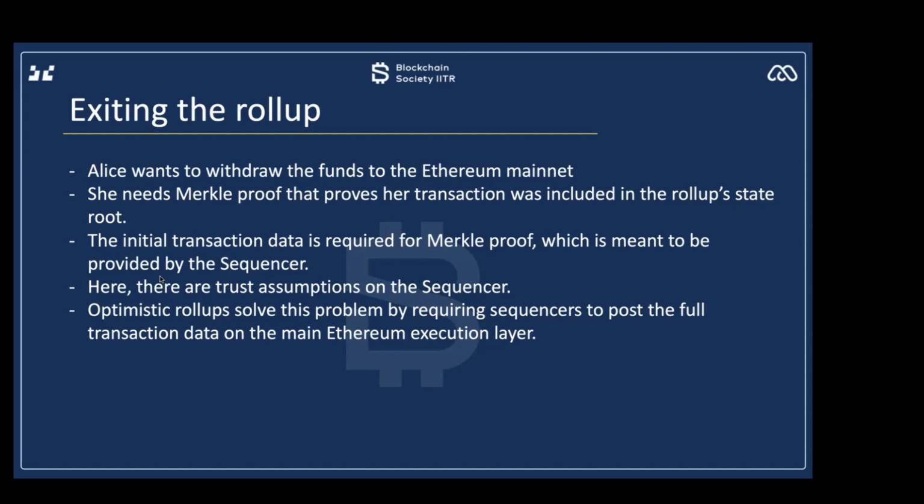Now, how is the trust situation being solved? We want minimum trust, as low trust as possible. So the optimistic rollup solves this problem by requiring the sequencer to post full transaction data on the main execution layer. And if they do not post the data on the main execution layer, they have to put some amount there, which will be slashed.